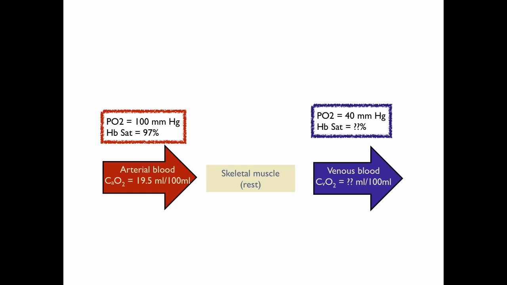We know that in the systemic veins during rest, leaving the skeletal muscle, the PO2 is approximately 40 millimeters of mercury. So the next question we're going to work on is, what would be the hemoglobin saturation at that PO2, and how much oxygen would be contained in the blood?